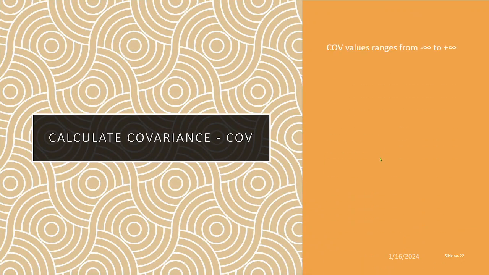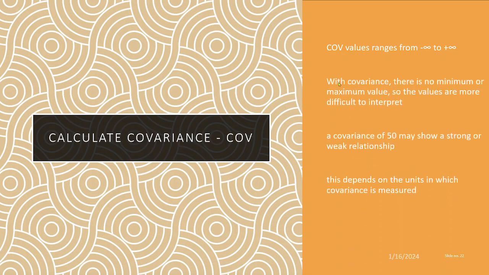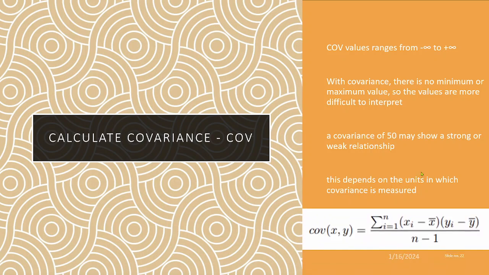Calculating covariance is quite similar to what we have seen in the variances topic. With covariance, there is no such thing as a minimum and maximum because these are simply scalar or real values. A covariance of 50 may be strong in one project, but may not be strong in another project. So it depends on the context and the domain. Typically, let's take a column X and find the mean of X. Let's say there are two columns here.